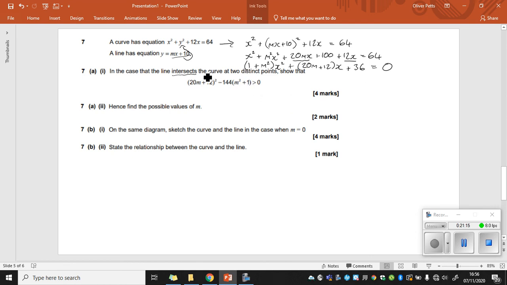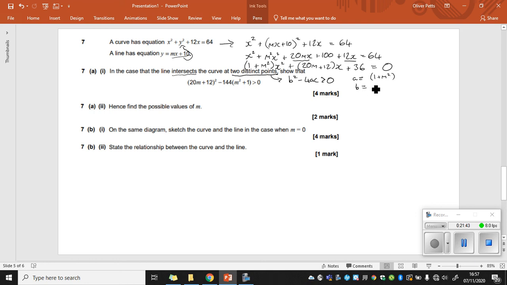Now, the next part of the sentence says we need an intersection at two distinct points, two different points. So for two distinct points, for a quadratic, we require b squared minus 4ac to be strictly greater than 0. Now, what are a, b, and c in our case? Well, a is going to equal the coefficient of x squared, which is 1 plus m squared.